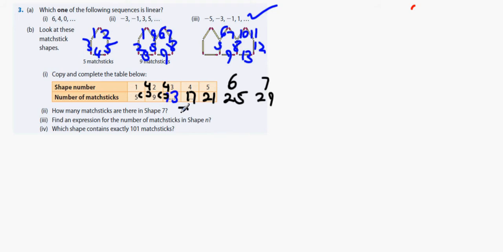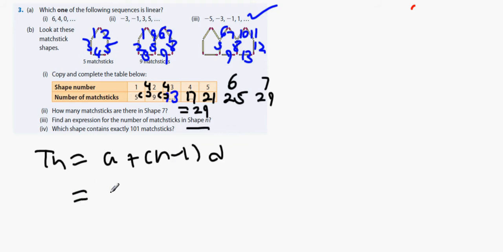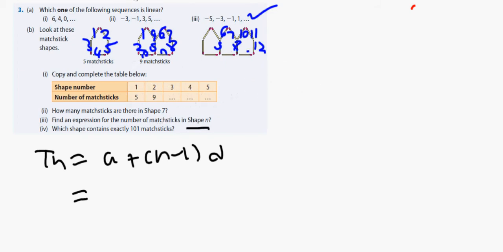Find an expression for the number of matchsticks in shape n. It's an arithmetic series, so Tn equals A plus n minus 1 times D. And A is the first term, which is 5. A equals 5, D equals 4.